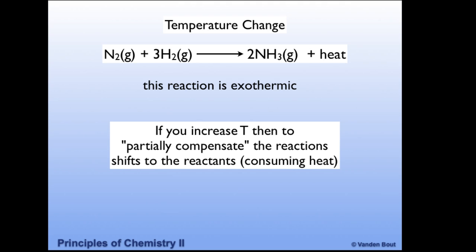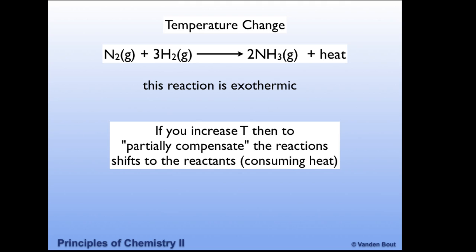So we think about a temperature change. One way to think about this problem is to imagine that the heat of the reaction is either a reactant or a product. For example, the formation of ammonia, nitrogen plus hydrogen makes ammonia, is an exothermic reaction. And as a result, if you run the reaction at constant temperature, heat is released, and we can think of heat as one of the products.